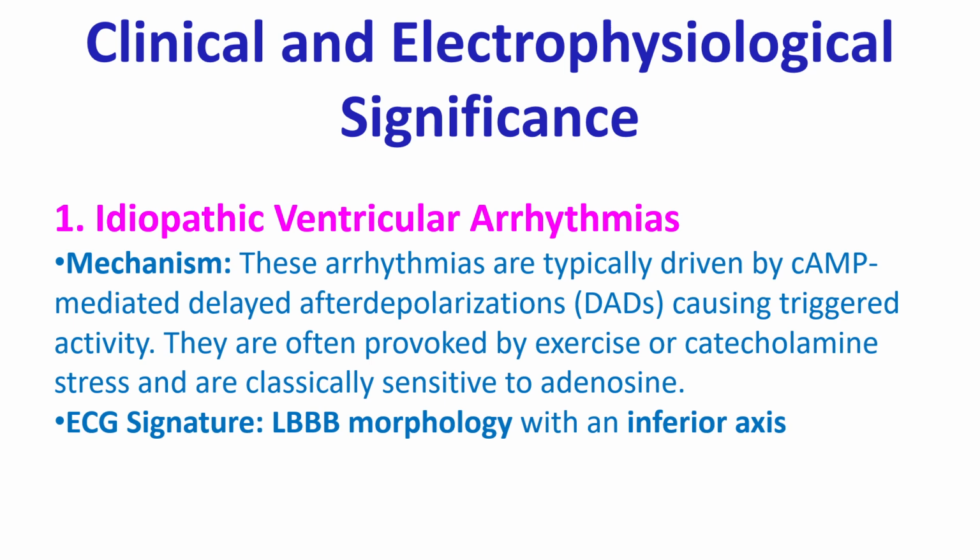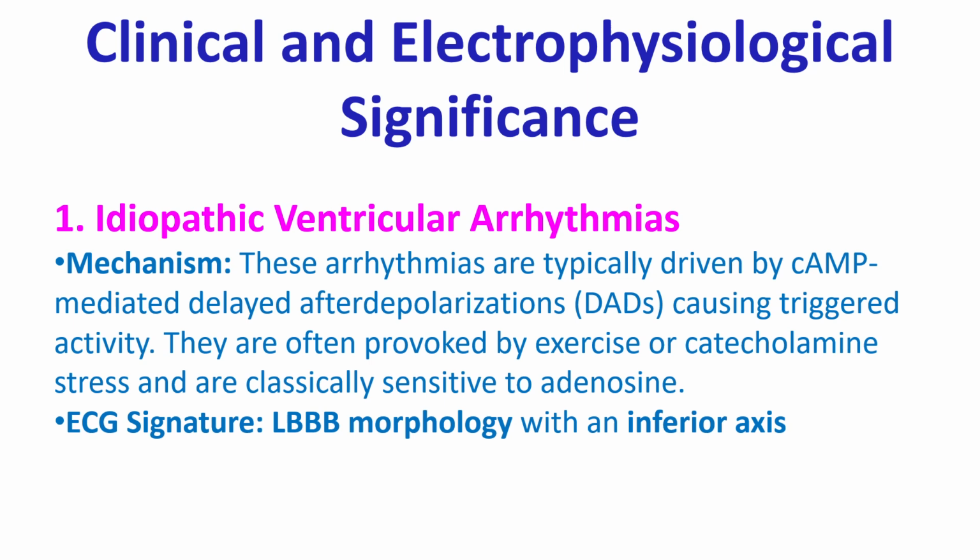Idiopathic ventricular arrhythmias. The RVOT is the origin site for roughly 80% of all idiopathic ventricular tachycardias and premature ventricular contractions in patients without underlying structural heart disease. These arrhythmias are typically driven by cyclic AMP mediated delayed afterdepolarizations causing triggered activity.